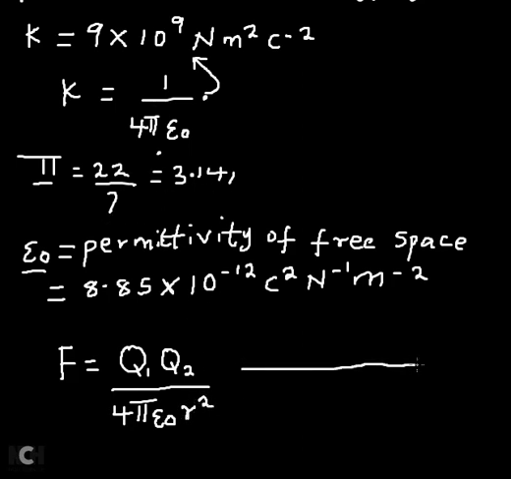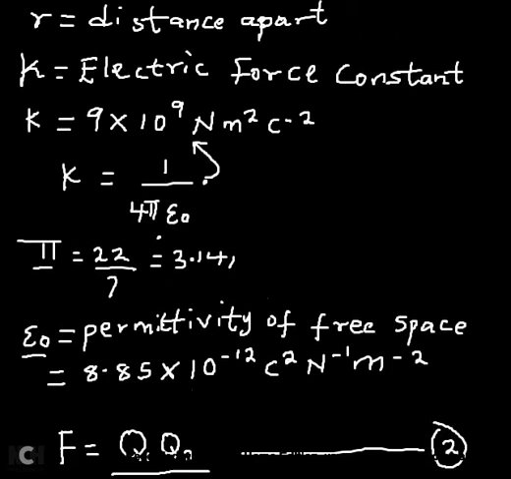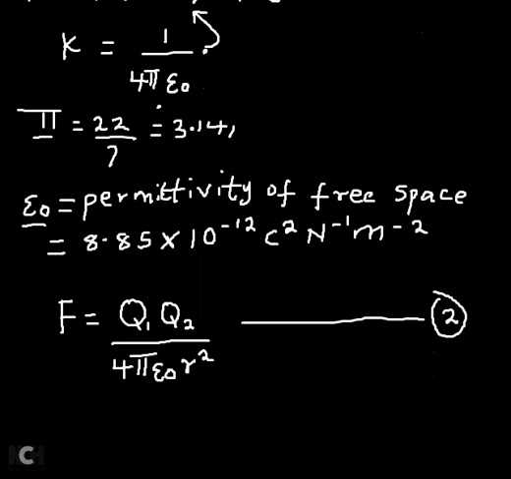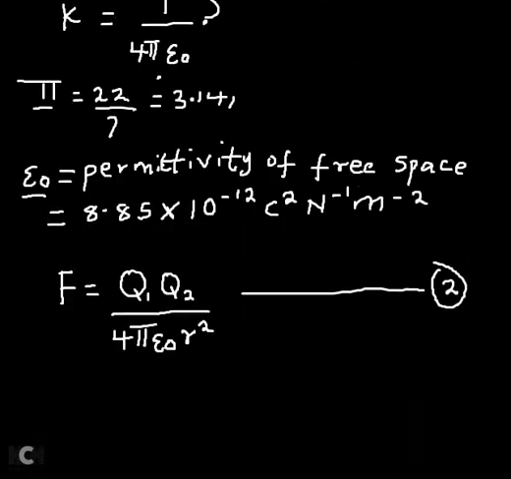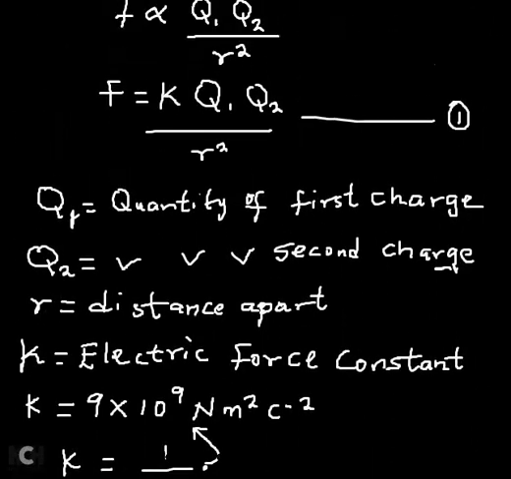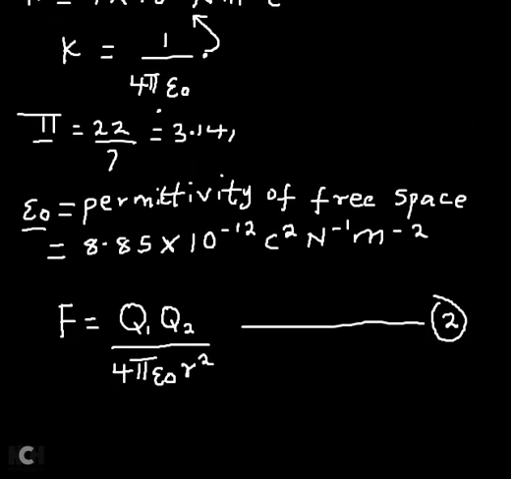So this is another way of expressing electric force. I hope that is well understood. What is really important is to take note of this formula, and of course this one.